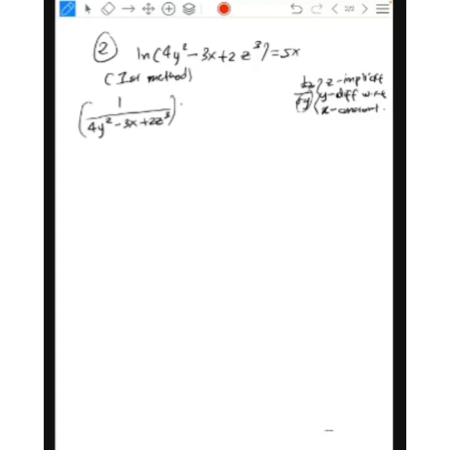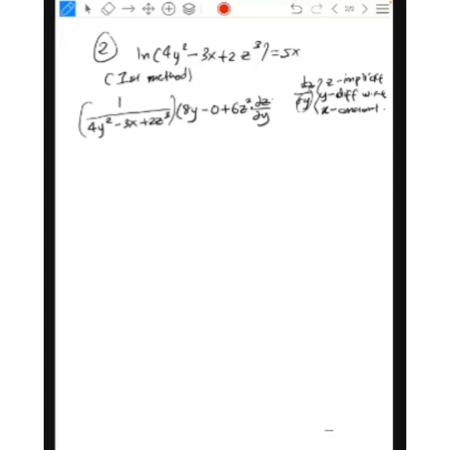So 4y squared will be xy, minus x is constant, so 0, plus z is implicit, so the implicit also has to be differentiated. 6z to the power of 2, but every time you differentiate the implicit, you will have to multiply del z del y or del z del x, depends on the question. Now we want to differentiate with respect to y, so multiply by del z del y. Like earlier, when we differentiated with respect to x, then you have to multiply with del z del x, okay?